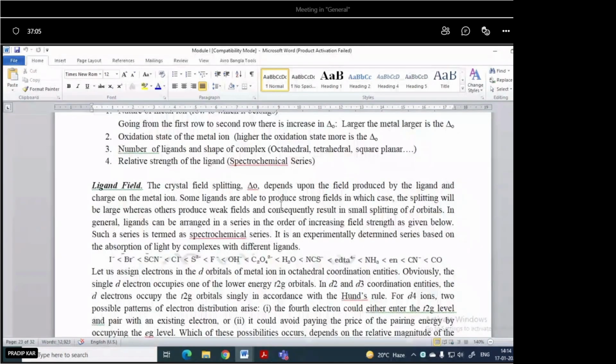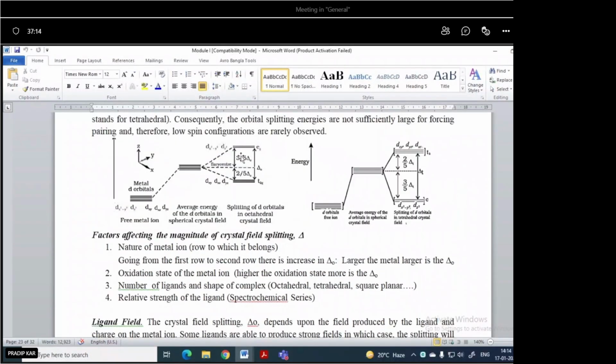That is, the presence of the ligand and its size, shape, and charge are important to have the delta value during the splitting, as we have already explained.